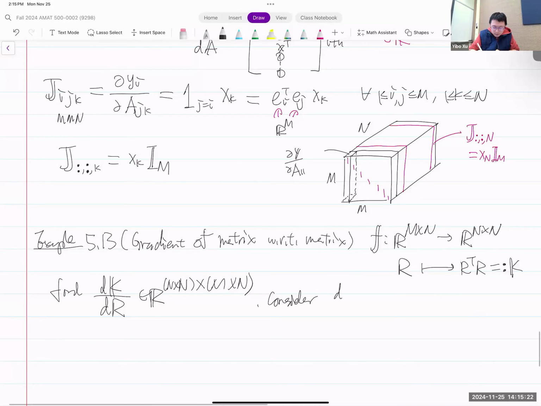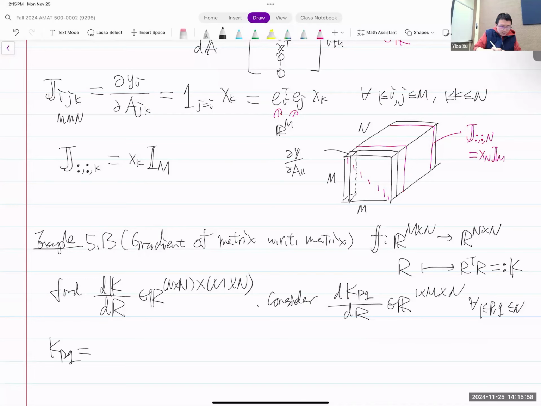So consider K_PQ, differentiated with respect to the input matrix R. This is n by n. So we're just picking one component of the output, for all P and Q between 1 and n. Now, how is K_PQ computed?